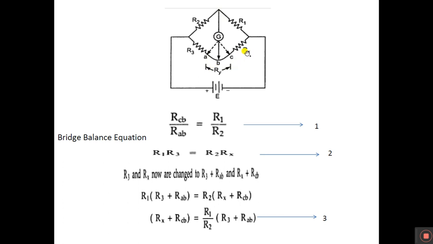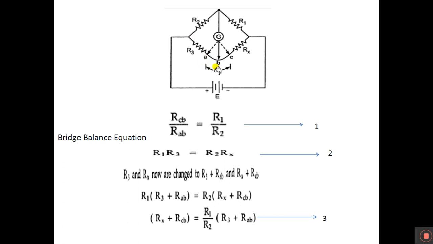So the value measured by the bridge indicates a higher value of Rx. Right? If the galvanometer is connected to terminal C, then the Ry gets added to R3. So this results in measurement of Rx much lower than the actual value.